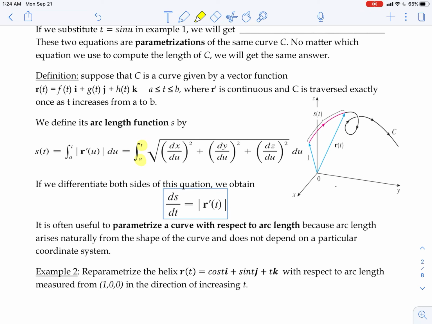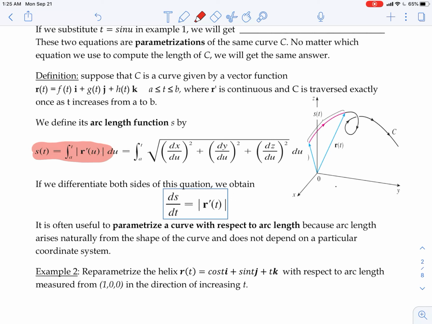One really good thing about putting things in terms of arc length is it makes our function easier to deal with. Not always, but it would make it easier to deal with. And so in order to parameterize our function, we're just going to use our formula s of t, which gives us the arc length.